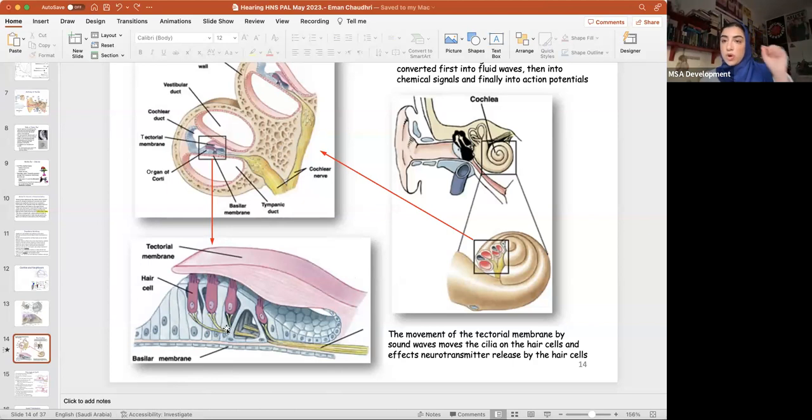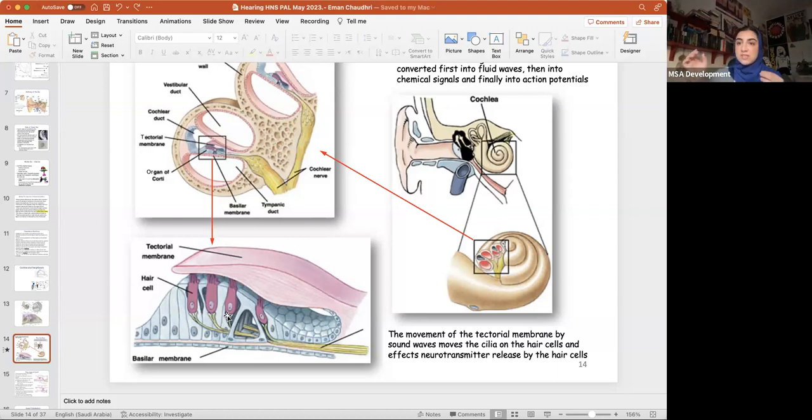So the glutamate will bind to the ends of your neurons, and it will send an electrical impulse through your afferent nerve fibers into the cochlear portion of your vestibulocochlear nerve, which then travels through the olivary nucleus up to your brain, and that's localization of sound and other higher functions done by your brain, and that's the perception of sound, ultimately.